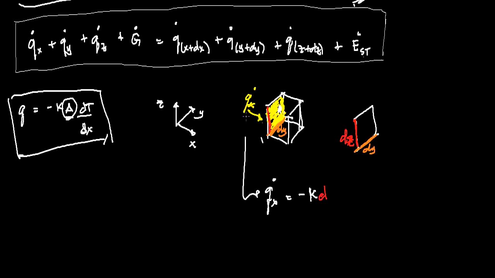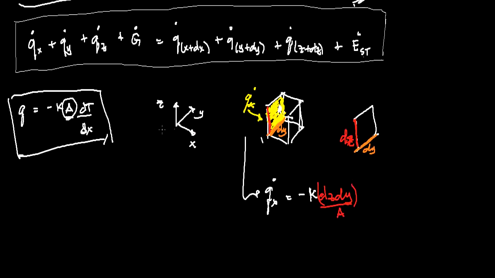So our area, if we consider the q going into the x direction, is dz multiplied by dy. So this is now our area.